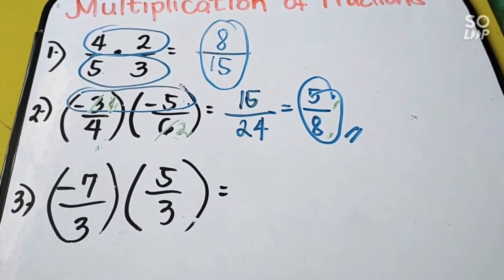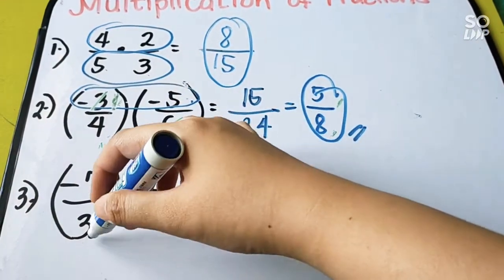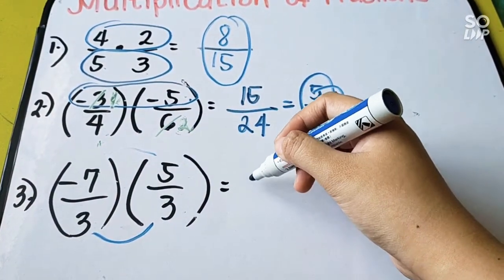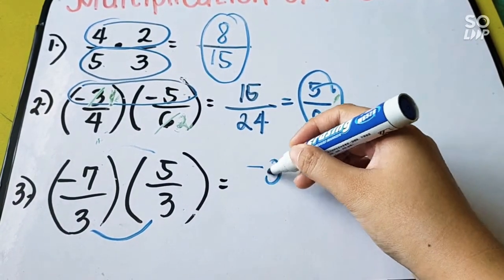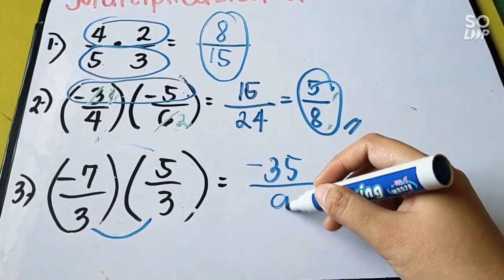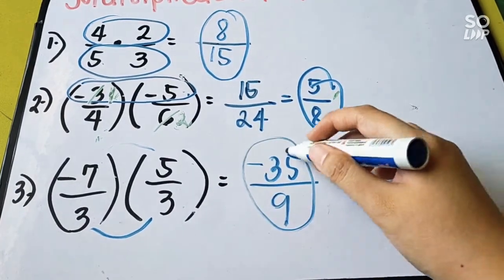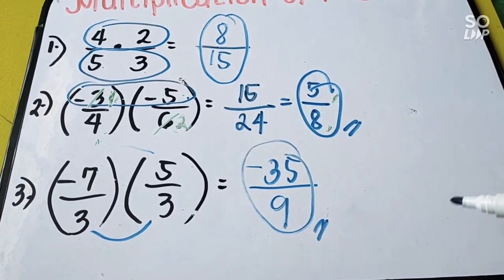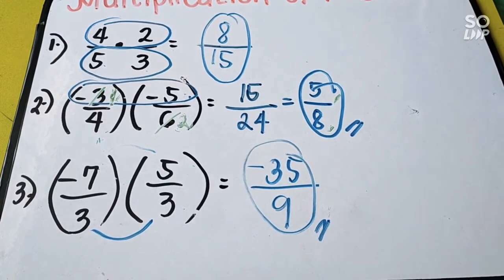So, ang gagamitin natin ay numerator by numerator, denominator by denominator. So, we have negative 7 times 5, the answer is negative 35, over 3 times 3, the answer is 9. Mapapansin nyo, wala nang divisible sa kanya. Pwede na iyan ang inyong sagot. Is it clear? Let's have another example.